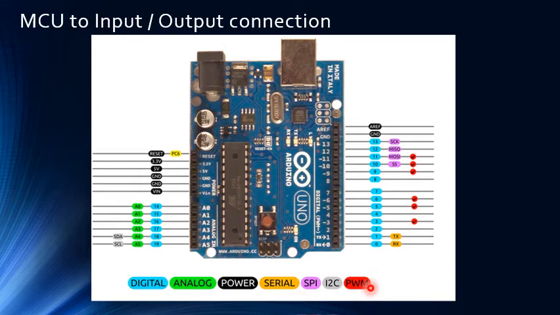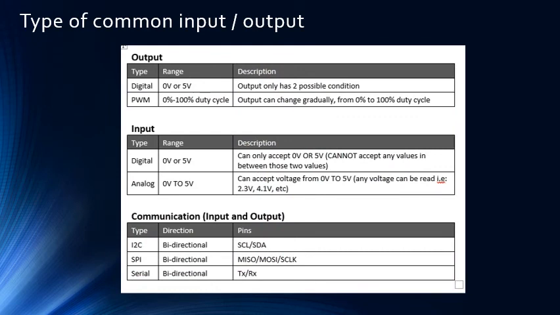One type of pin is the PWM. If I summarize all of these pins into a table, you can see it like this. Okay, for the output, it can be digital or PWM.